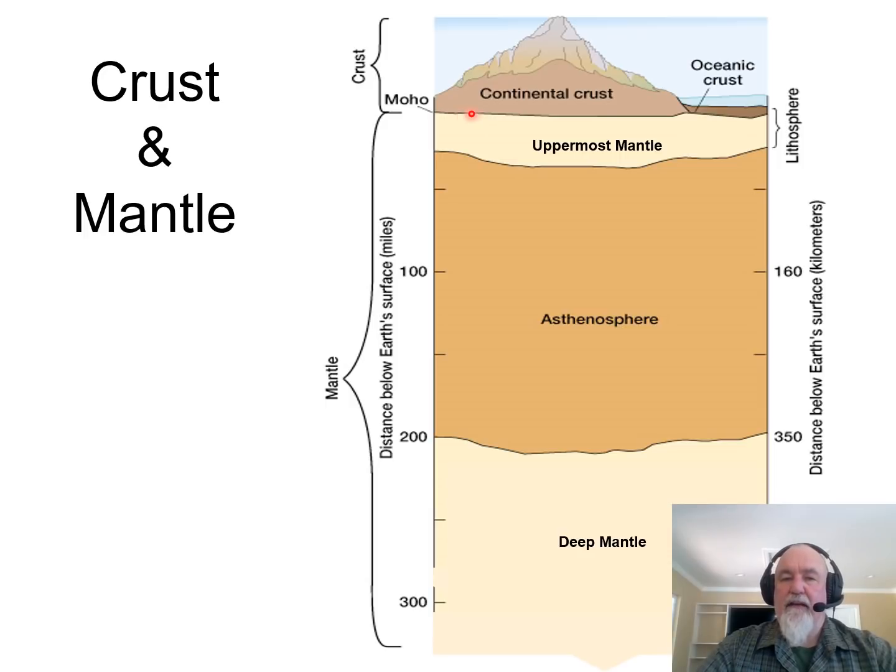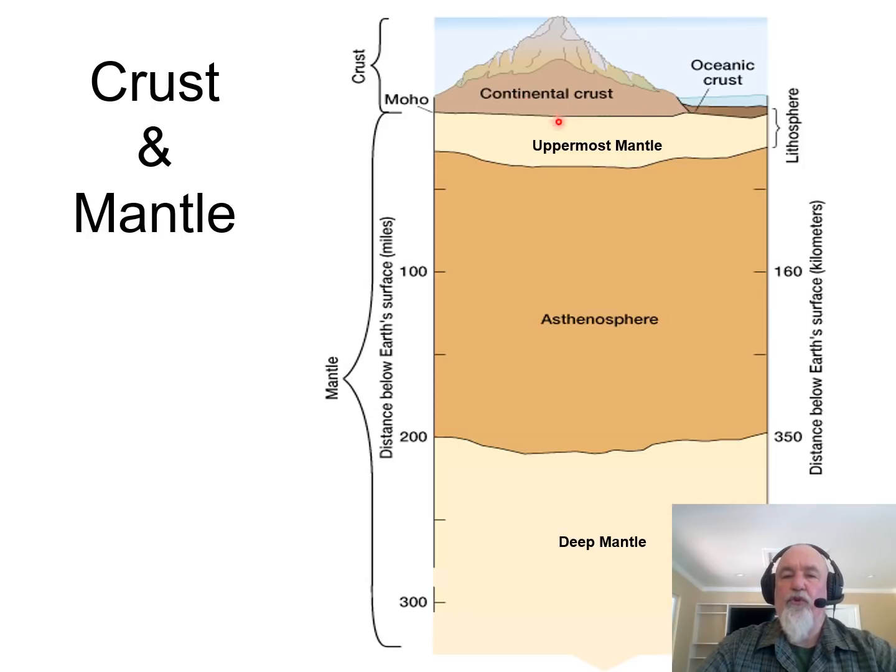Then we have that line that we can tell the crust has ended, seismic waves speed up. That's the MOHO, or Mohorovičić discontinuity. Below that, we have the uppermost mantle with olivine and pyroxene chemistry making up the minerals in the rocks. Interesting to note, uppermost mantle, solid. The crust, solid.